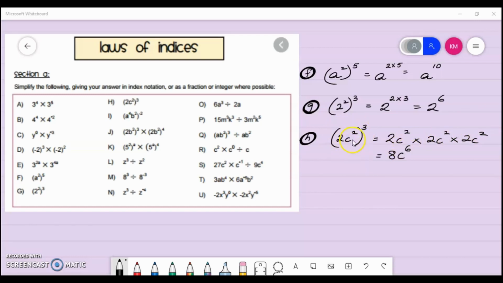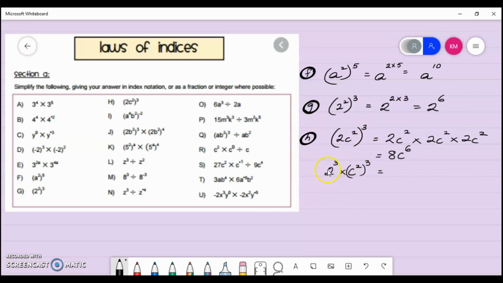So what this simply means is that when you have a question like this, you have to raise your 2 to the power of 3 as well as that c to the power 2. So this would have really been 2 to the power 3 multiplied by c to the power 2 to the power 3. So I raise each one of these to the power of 3.